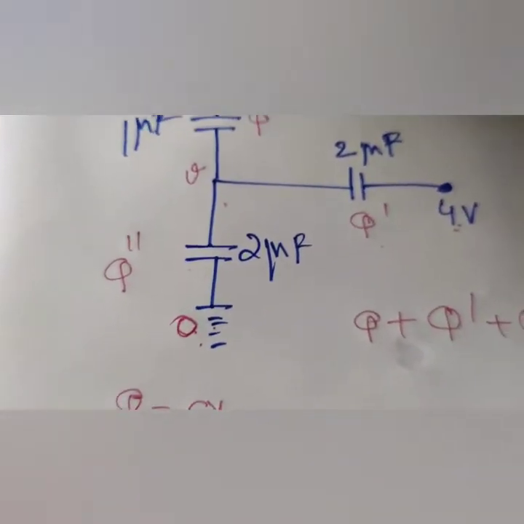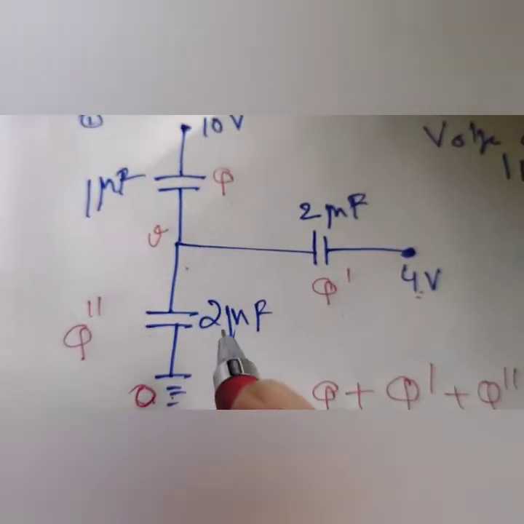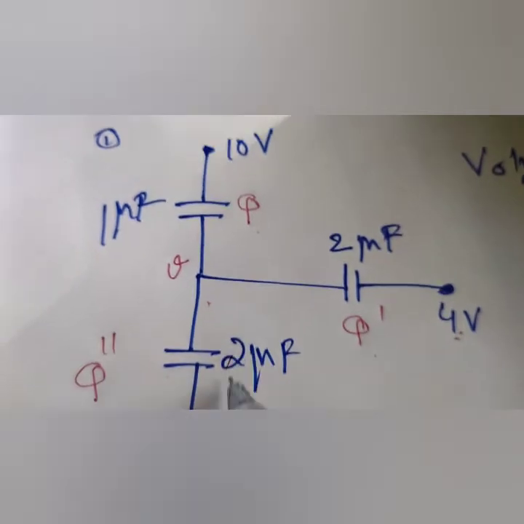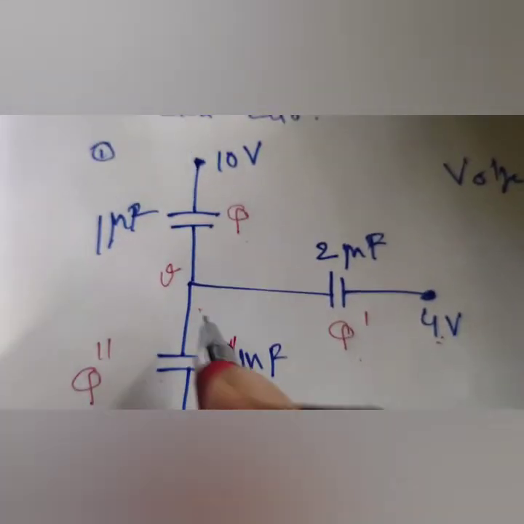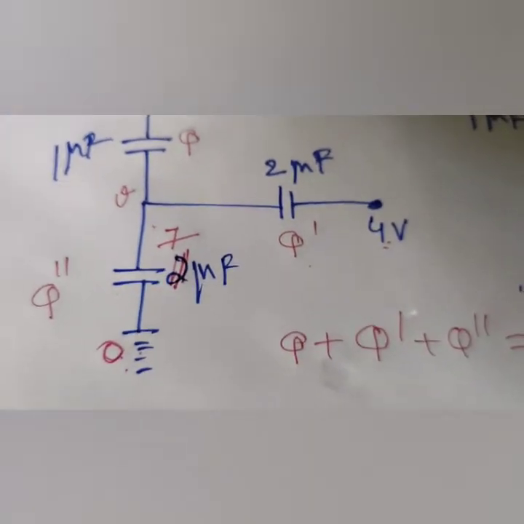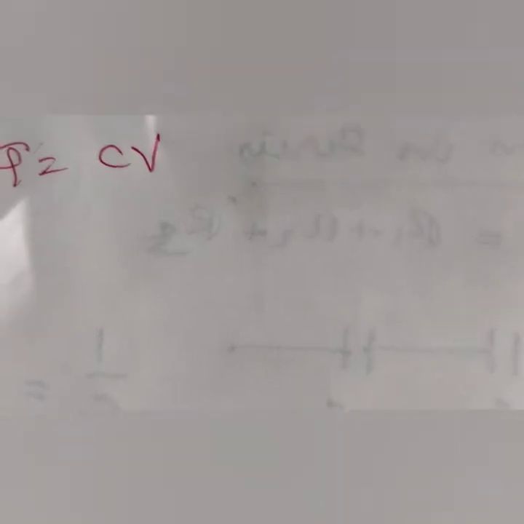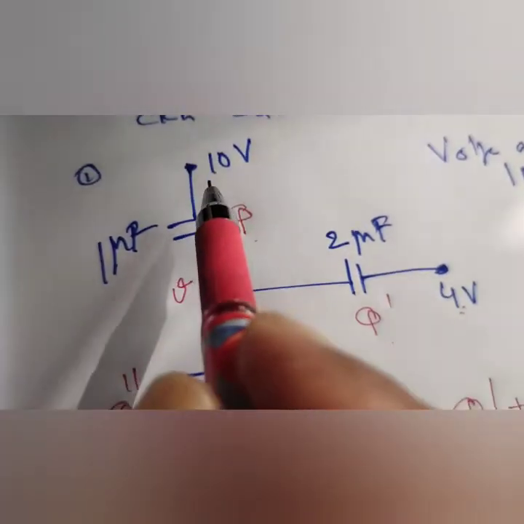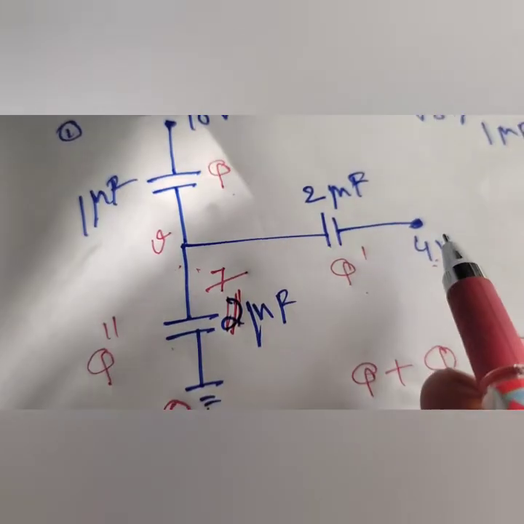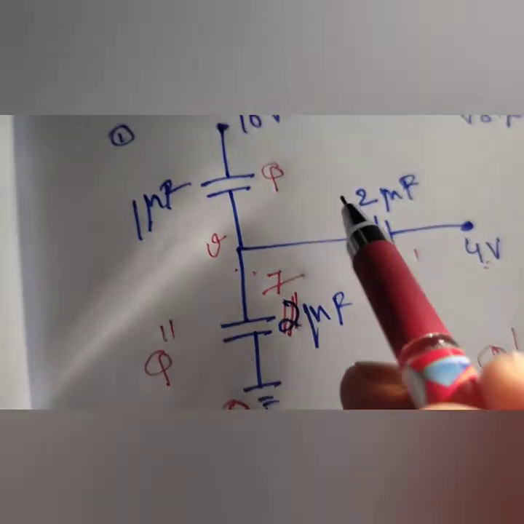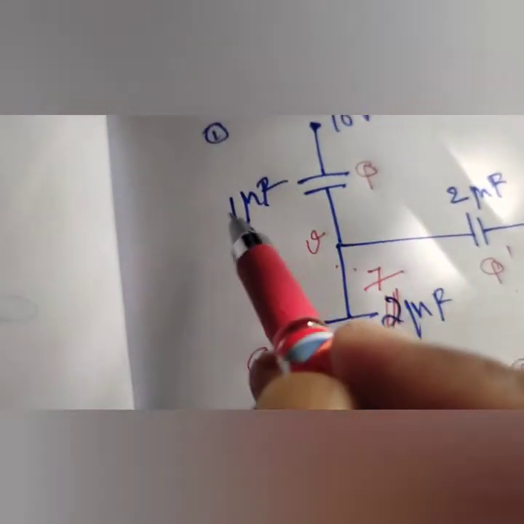So what are we getting? Sorry, here it is 7 microfarad, so that is 7V. The equation is CV. We know here 10 is here. Let us take V here. 4 is here. So here is 0 volt. Now we have to find the difference.